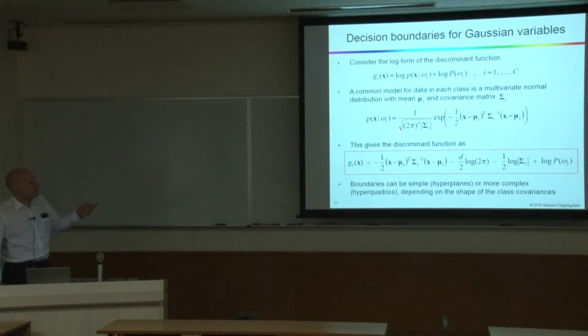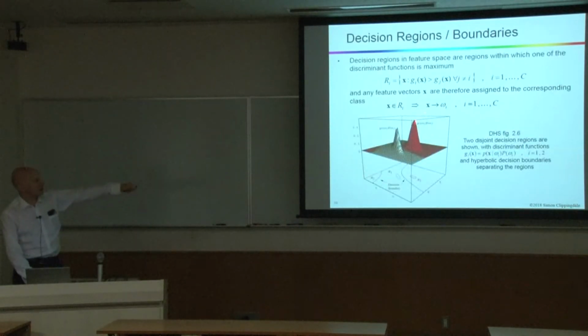This is a constant, and this is a quadratic form, including the mean and the inverse of the covariance matrix. That's what the probability of x looks like, assuming that it comes from the ith density and the ith class. Each class will have one of these densities.